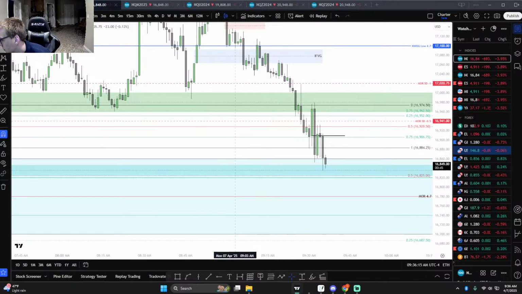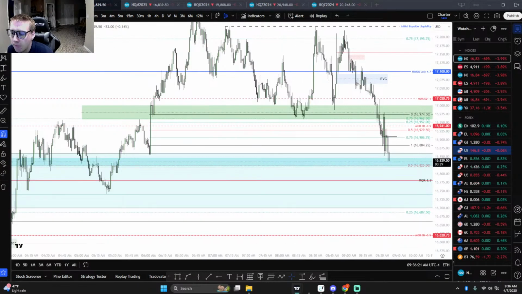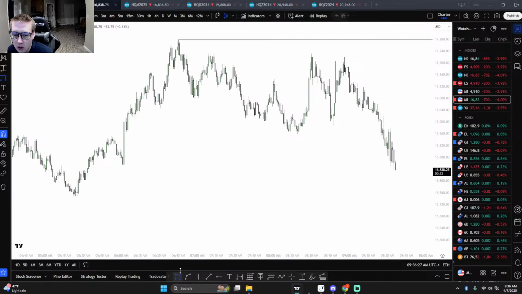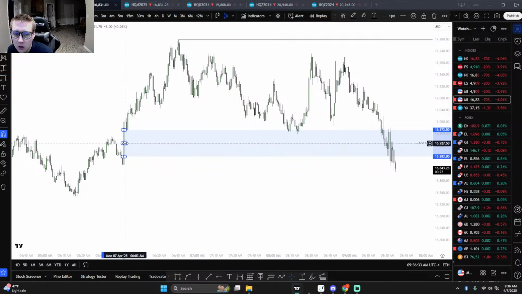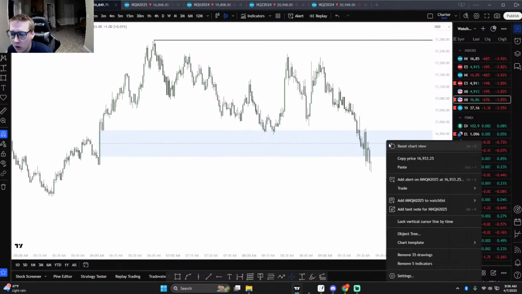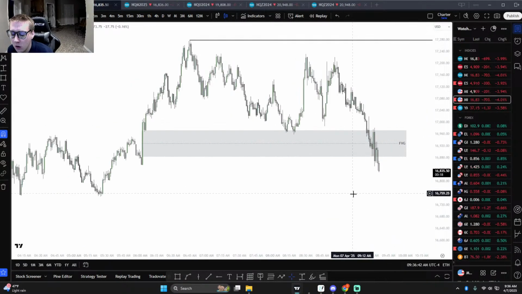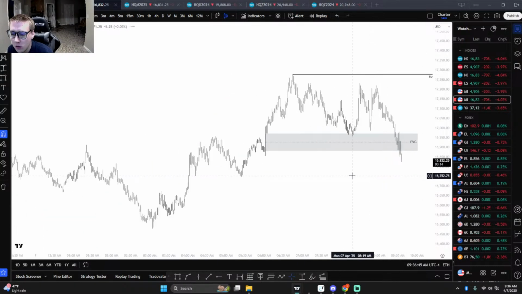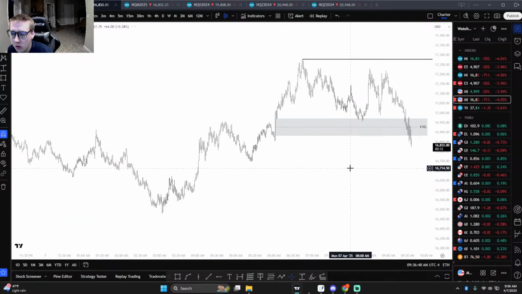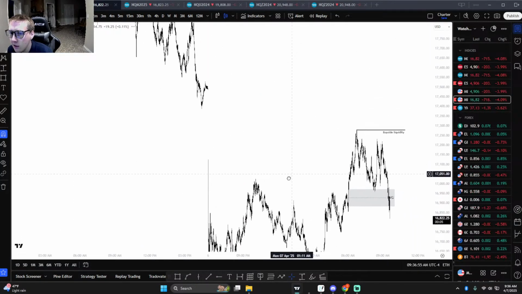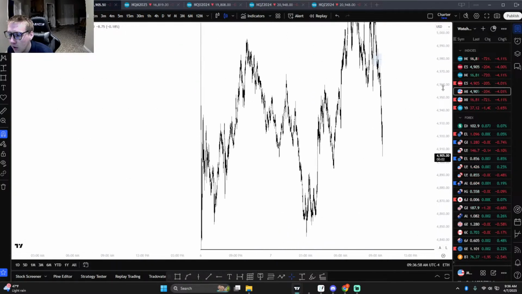Same on ES as well. Why are my annotations not loading up?